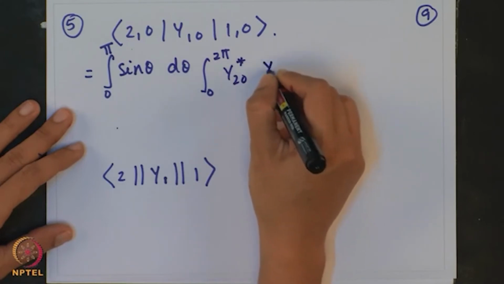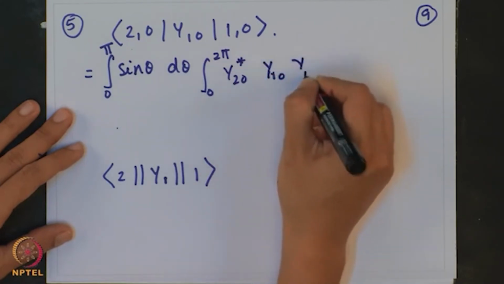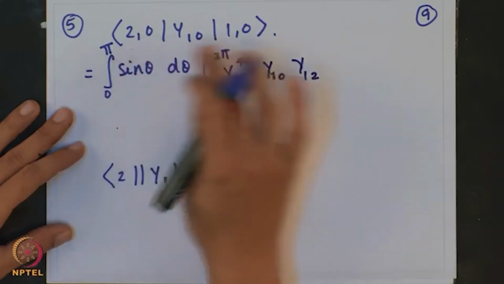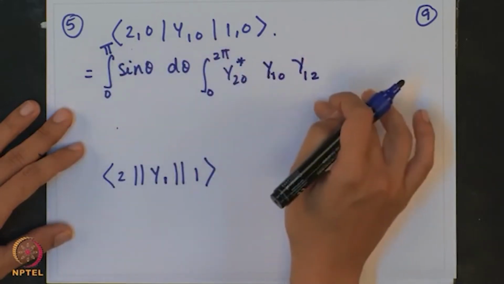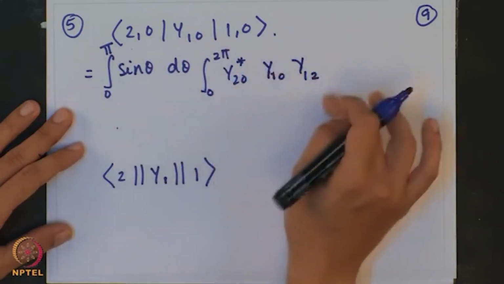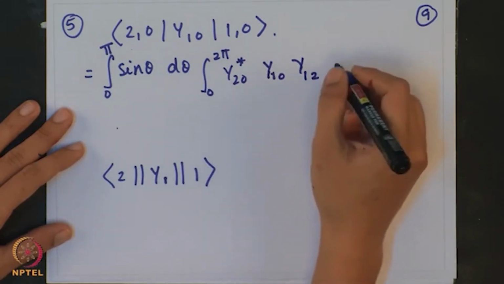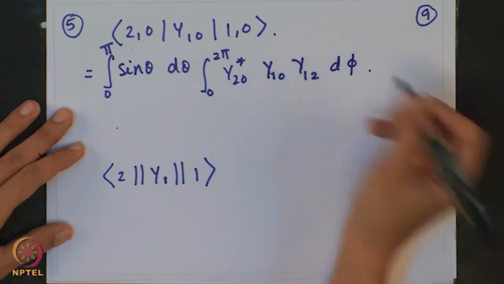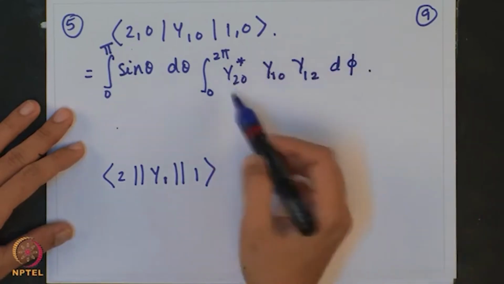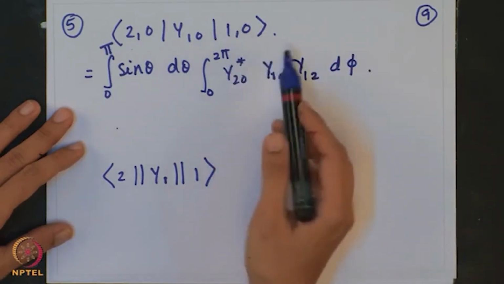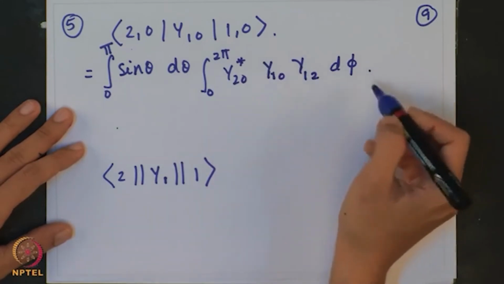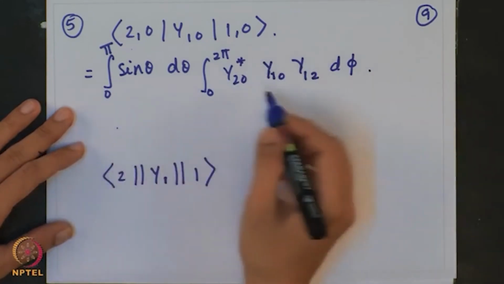So, this problem we have put to give you the flavor that you can write these kets in terms of the spherical harmonics. So, the spherical harmonics and these states, how they are related, you can see here.